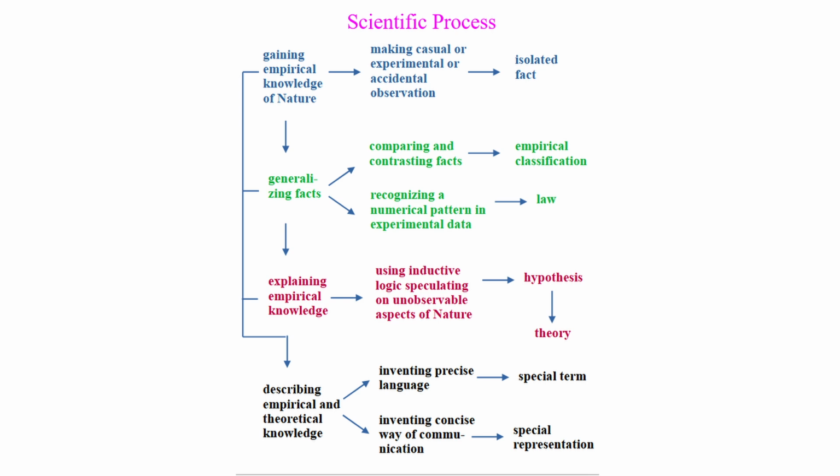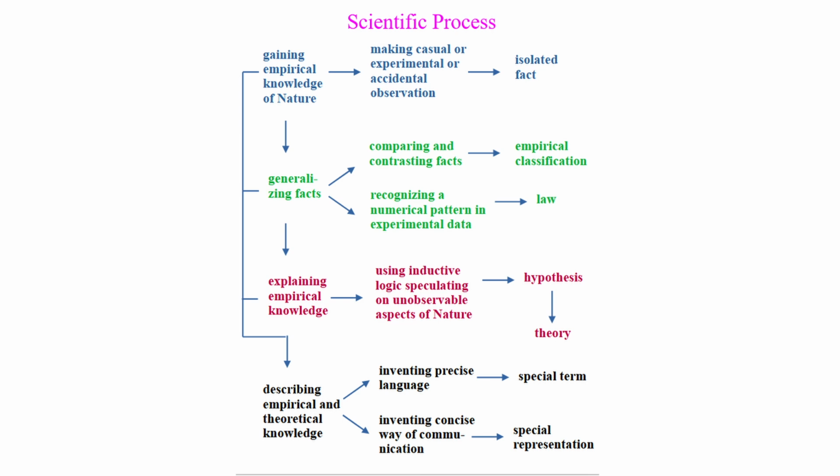Thus, there is a constant interaction and interplay between facts and postulates. The postulates and theories constitute the theoretical knowledge. The explanations of facts serve as the bridge between empirical and theoretical knowledge.